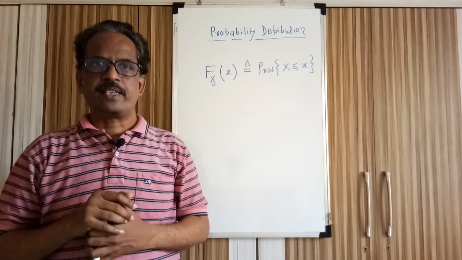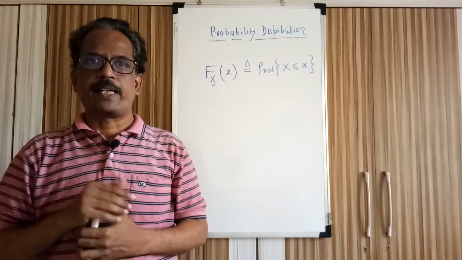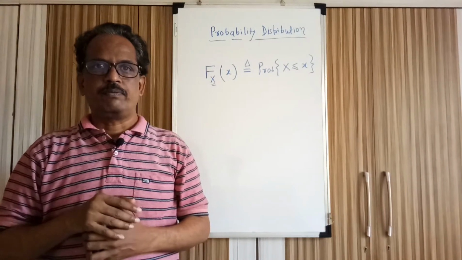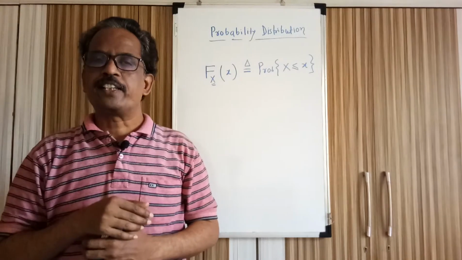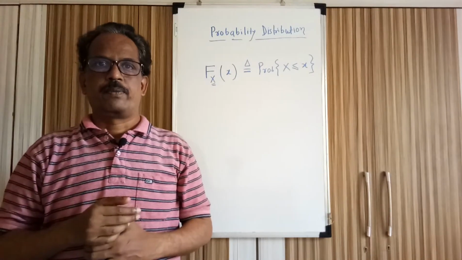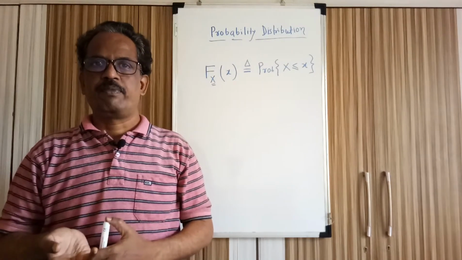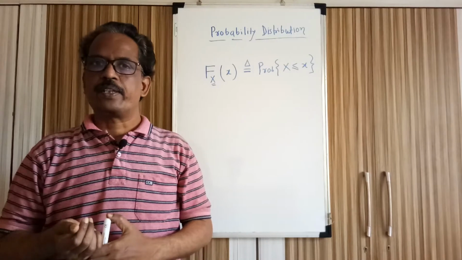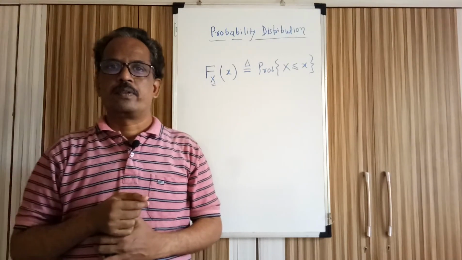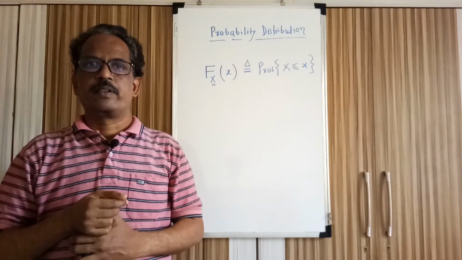Even if x is negative, in that case also it is minus infinity to the value of x. Suppose small x is minus infinity, in that case there is no event, the random variable cannot take value less than or equal to minus infinity. The event doesn't exist, and the probability of an impossible event, or an event which is not existing, is 0.